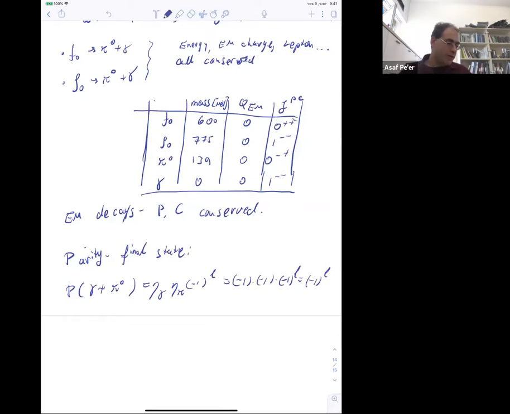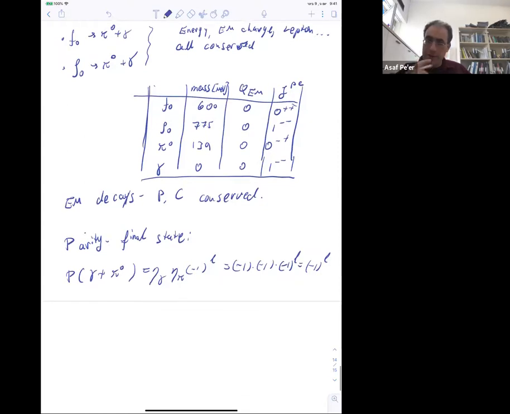Now look at the initial state. For the initial state, we have to look at the table, right? What is P of the F particle? It's written here in the table.